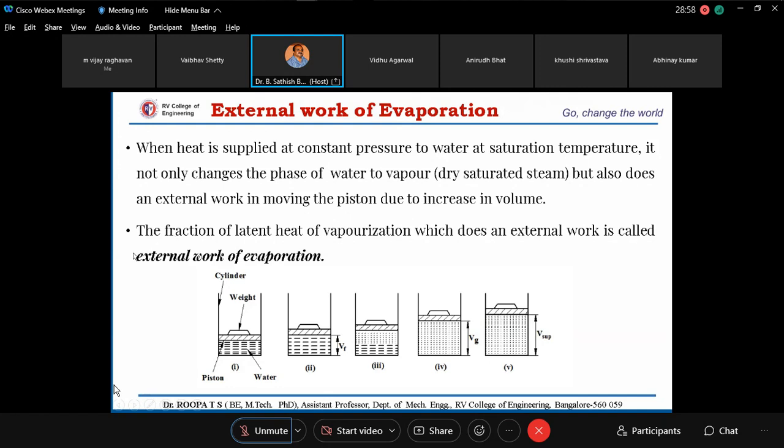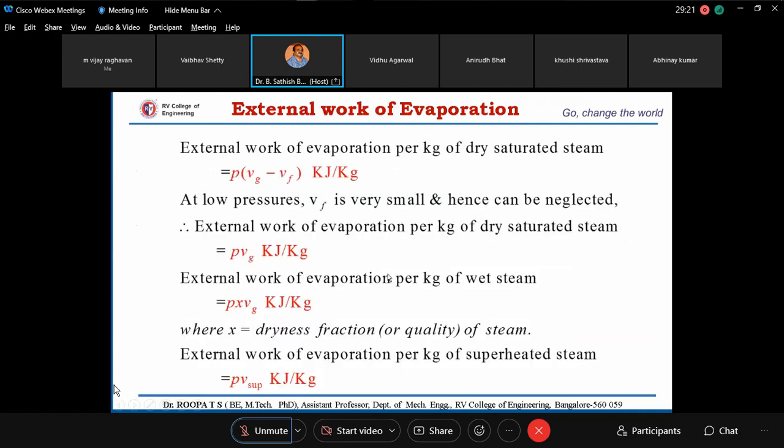That is called the external work of evaporation. This I had told you in the class also. The energy we are supplying is not only utilized for the conversion of water into steam; the excess amount of heat is utilized for displacement of the piston, which is termed the external work of evaporation.